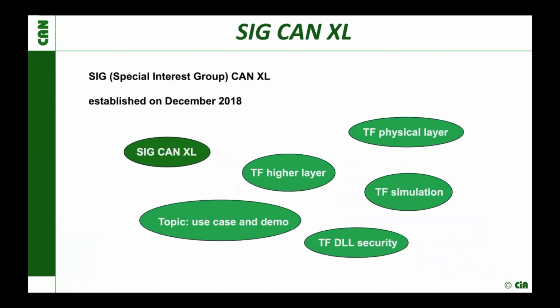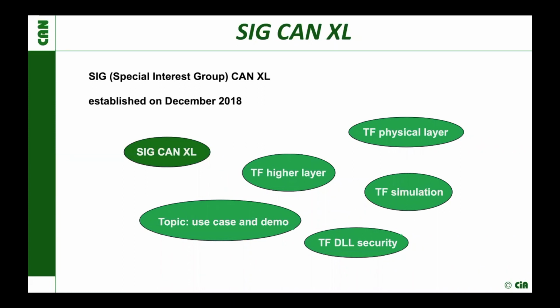So the first question is, who specifies CAN-XL? Since 2018, the CIA Special Interest Group CAN-XL has been specifying the CAN-XL ecosystem. In the meantime, it has established 4 task forces: the physical layer, the higher layer, the security, and the simulation.